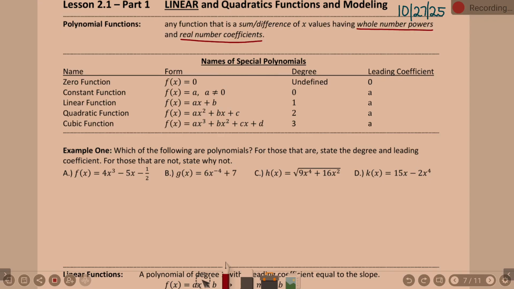If it's not a polynomial, you're going to be asked why. Definition of polynomial: any function that is a sum and difference of x values having whole number powers and real number coefficients.